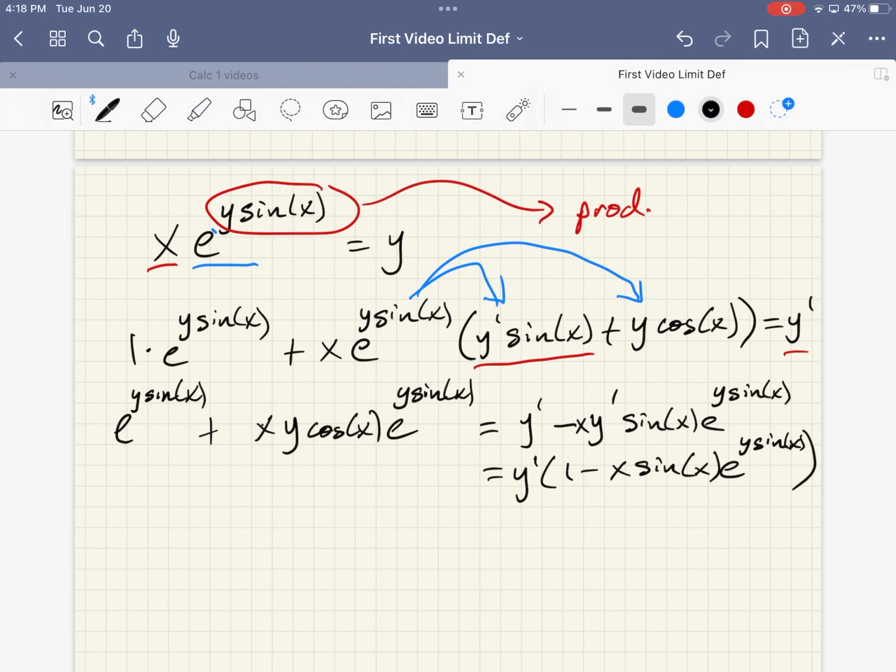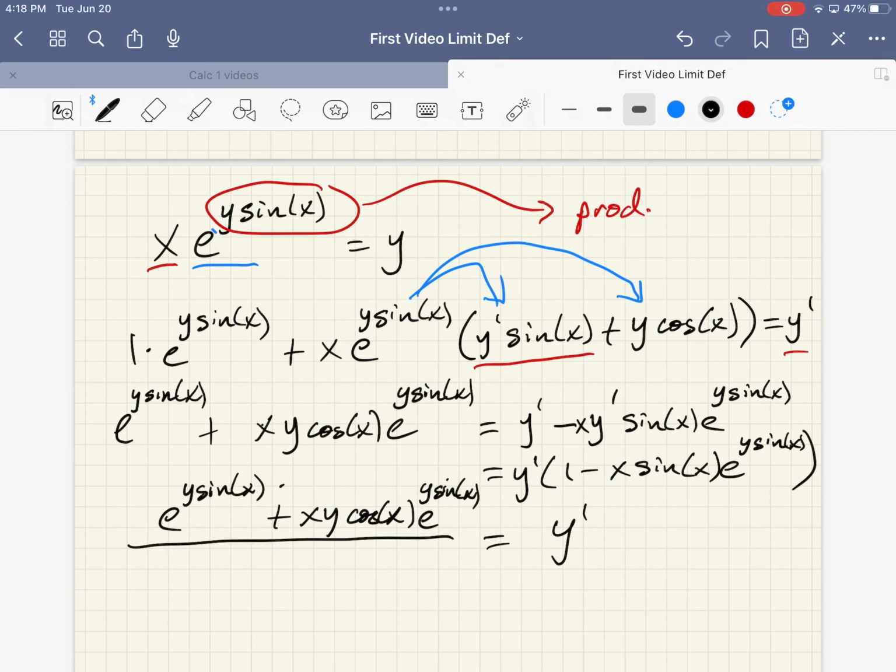And so then I can say that y prime equals this e to the y sine of x plus xy cosine of x e to the y sine of x all over 1 minus x sine of x e to the y sine of x.